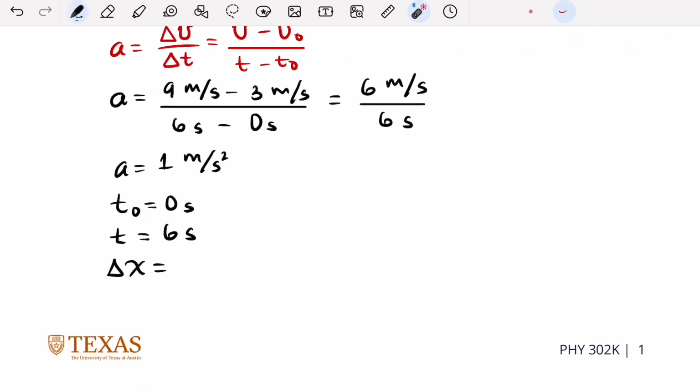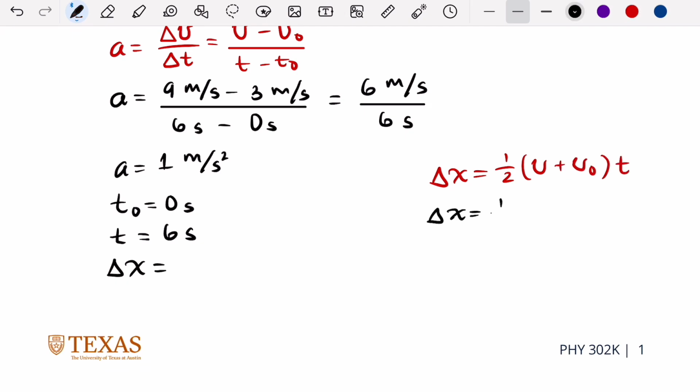All right. Let's plug in our numbers. 9 plus 3 is 12, times 1/2 is 6, times 6 is 36. So the displacement came out to be 36 meters.